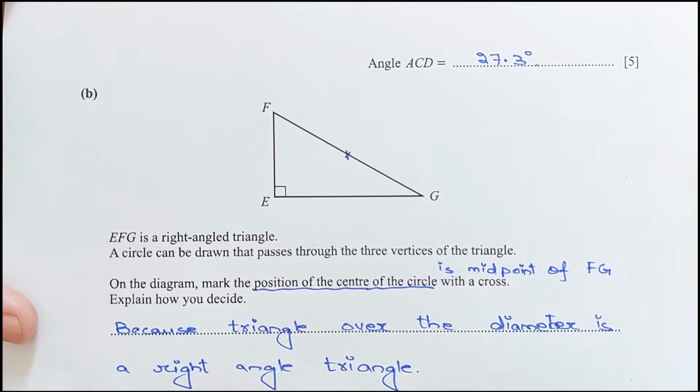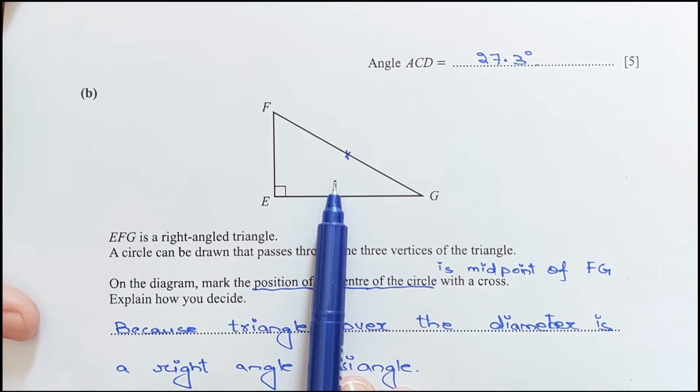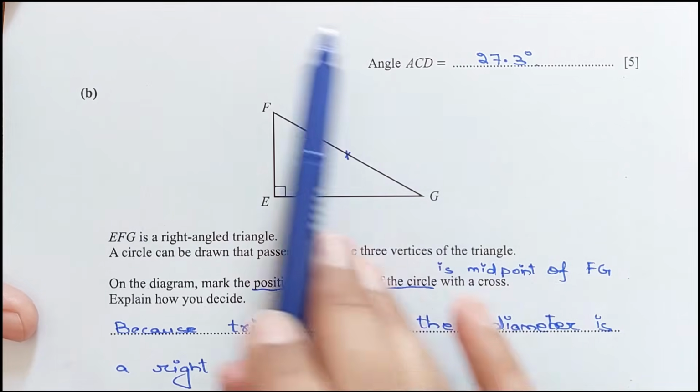All right, so let me explain one more time. We have given a right angle triangle inside the circle.